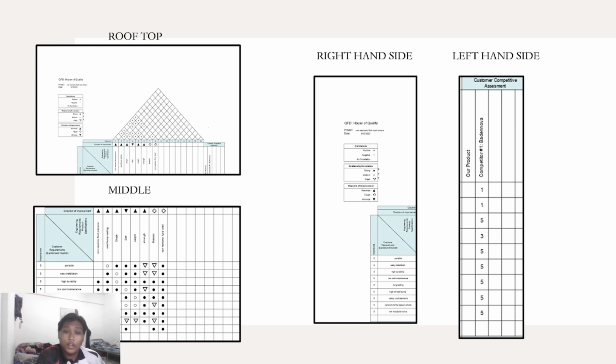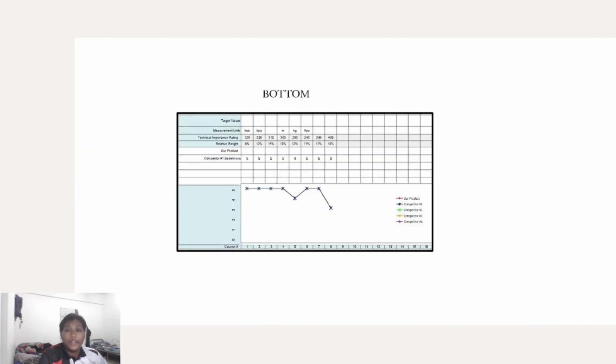The middle is the correlation between engineering requirements and customer requirements. How do we get the customer requirements? We get them from the survey. The left hand side is our competitor, from Nova. And the bottom is the technical importance rating, where we get the relative weight of our product compared to the competitor.